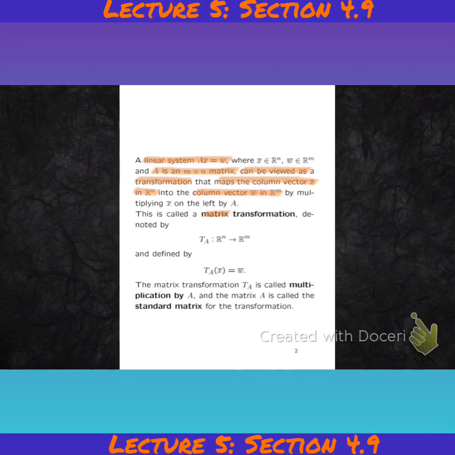So that is called a matrix transformation, and we denote it by T subscript A. The subscript A signifies the matrix that you are multiplying with.